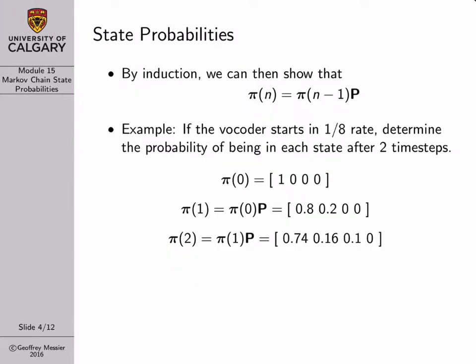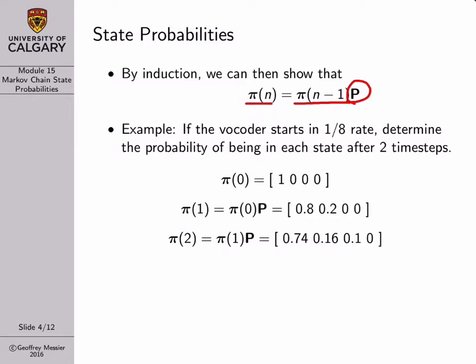So by induction, we can show that the state probability vector at time step n is equal to the state probability vector at time step n minus 1 multiplied by the probability matrix. So every time we multiply the state vector by the probability matrix, it advances one time step.